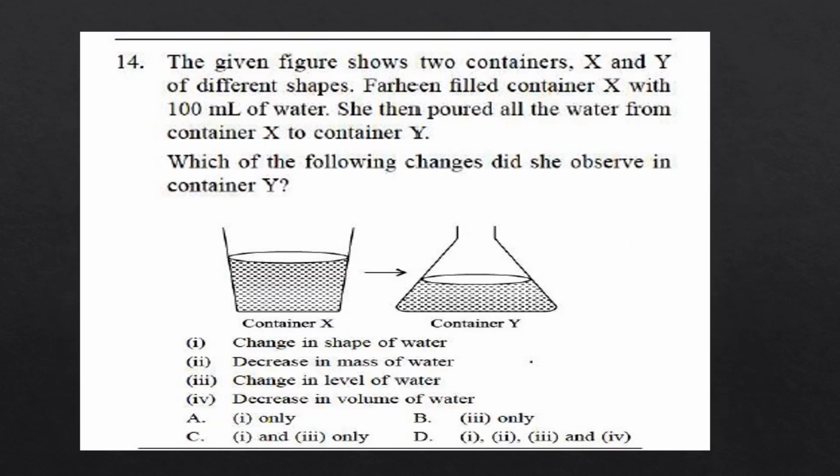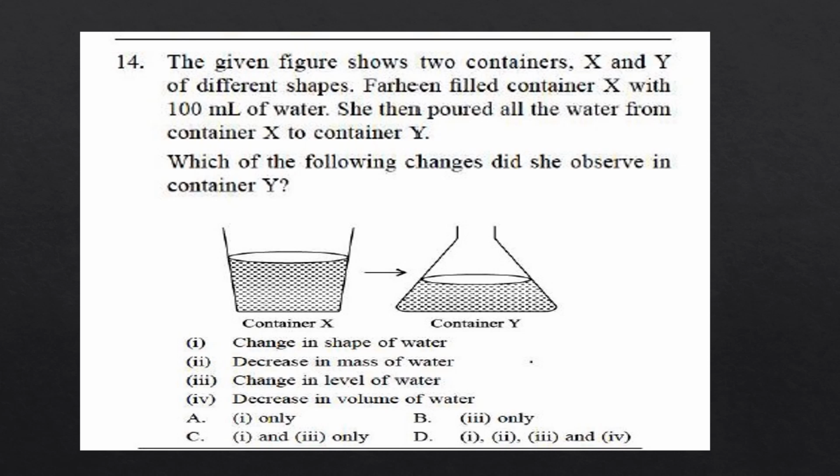Question number 14. The given figure shows two containers X and Y of different shapes. Farine filled container X with 100 ml of water. She then poured all the water from container X to container Y. Which of the following changes did she observe in container Y? 1. Change in shape of water. 2.